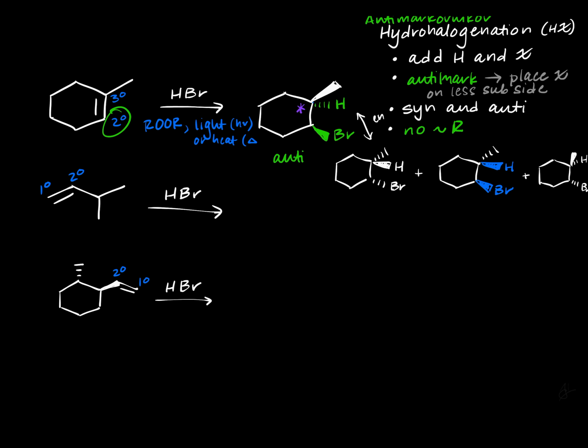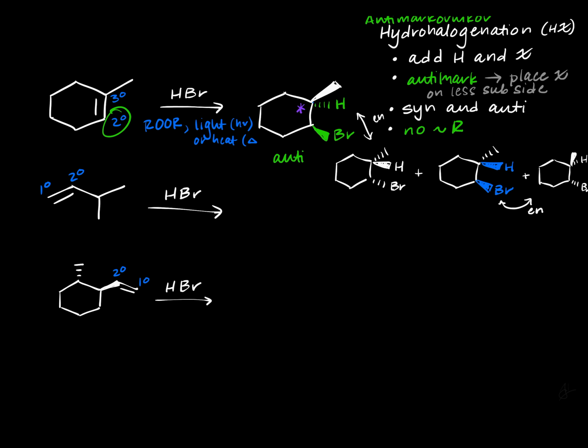Upon inspection, none of these products are the same. These 2 are enantiomers of each other. And as a consequence, we can say that we form 4 different products for this reaction. So this is that reaction in its entirety.